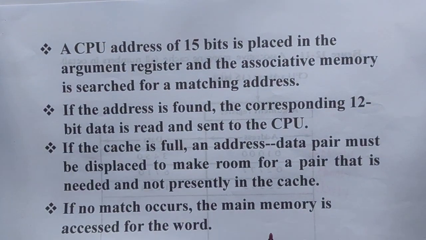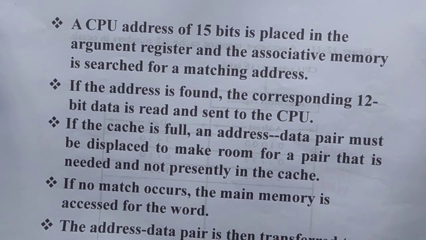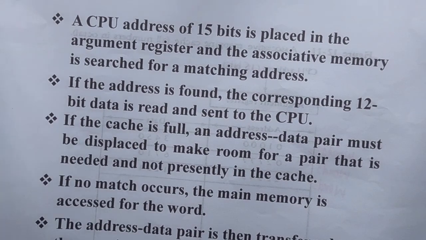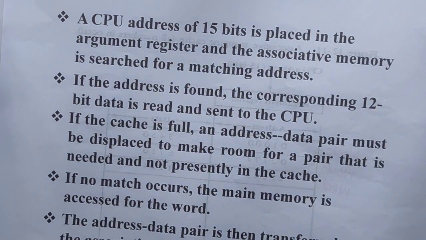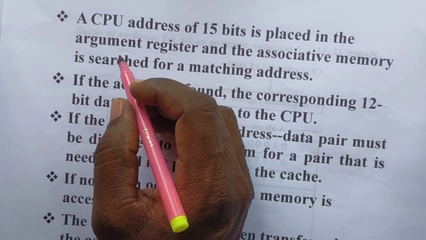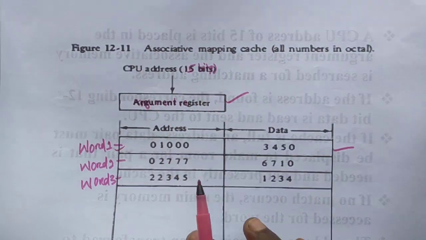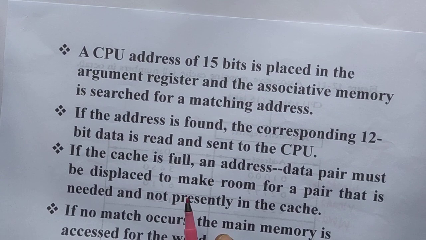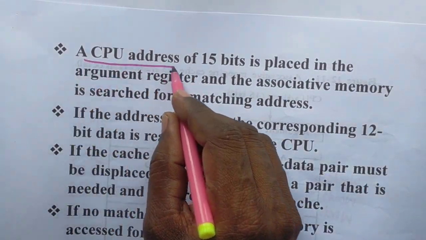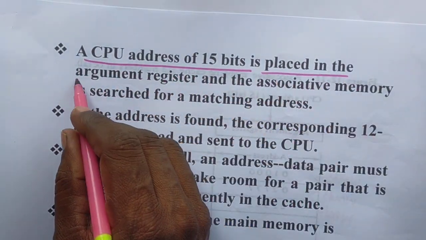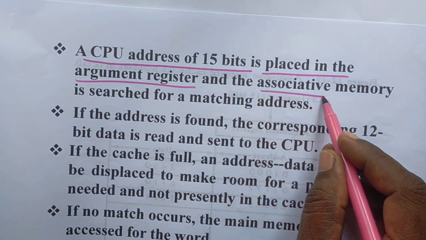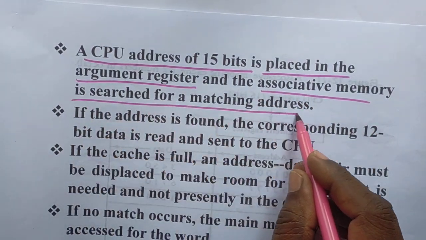Now we see each individual part in a very simple way; I will explain the same thing. The CPU address of 15 bits is placed in the argument register and the associative memory is searched for a matching address.